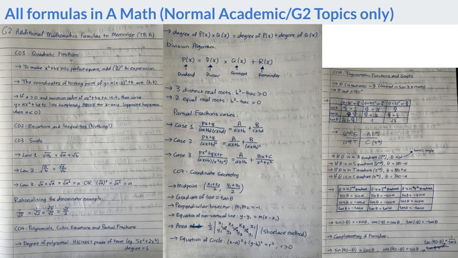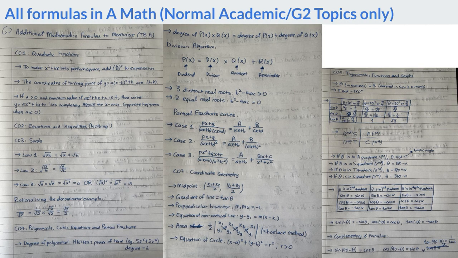This is very useful for the remainder theorem, which is chapter 4.2 if I'm not wrong. Chapter 4.2 has nothing much to memorize, so I'll skip that. For chapter 4.3, you need to know the 2 distinct real roots and the 2 equal real roots. For distinct real roots, b squared minus 4ac is more than 0.